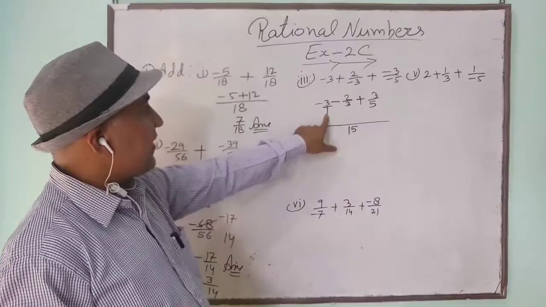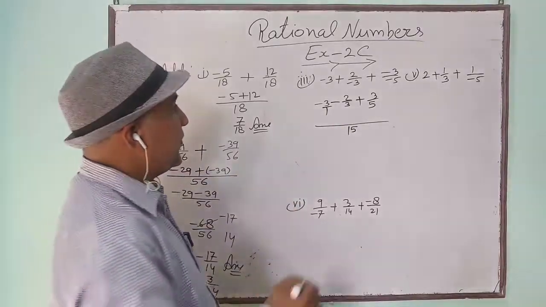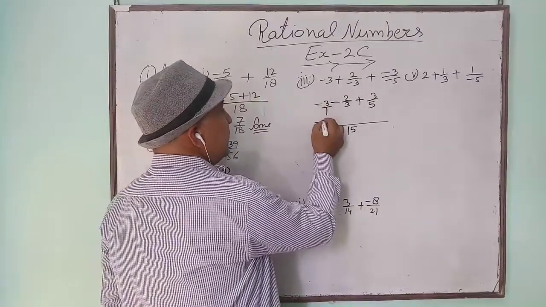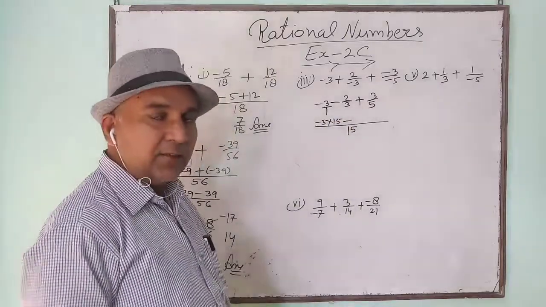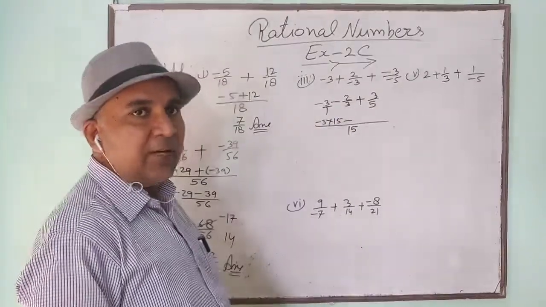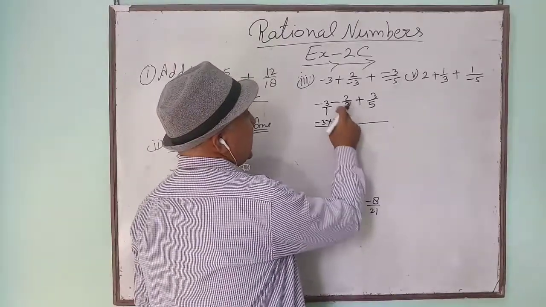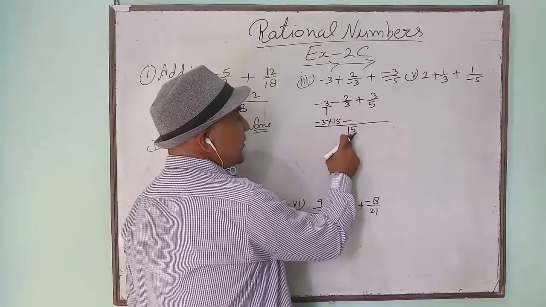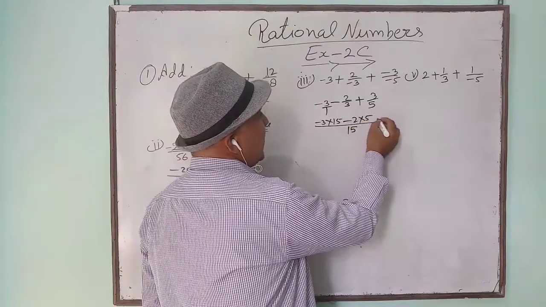Now 15 is divided by this denominator. So 1 dividing 15 coming 15. 15 is multiplied by 3. See this one. Minus 3 into 15. You can write directly minus 45. But how it is coming, that I have told you here. Now this minus sign is written. 3 dividing 15 coming 5. So this 2 will be multiplied by 5.